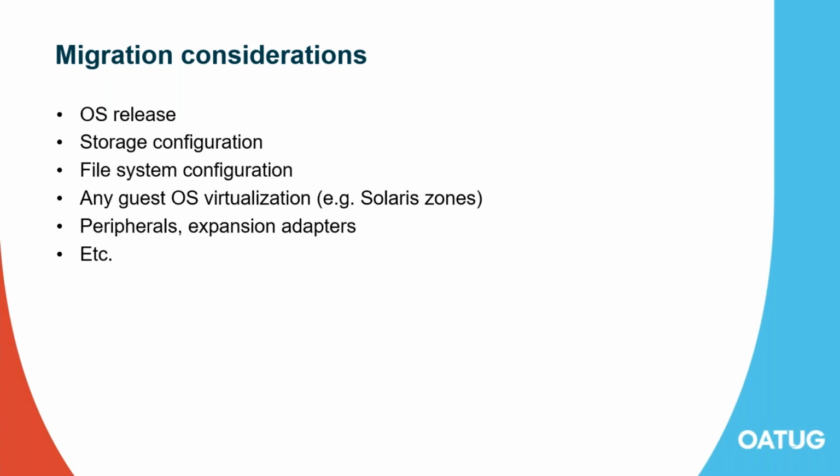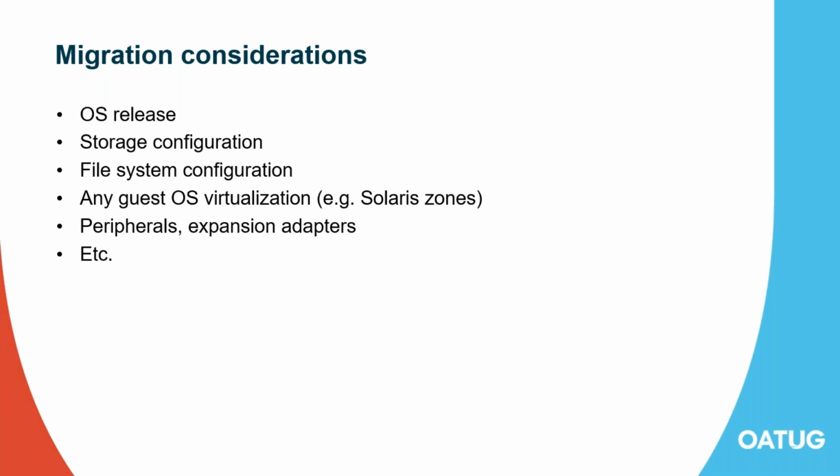So some of the things we have to worry about certainly are the operating system release of your legacy architecture, your storage configuration, how that's set up in terms of numbers of disks, on how many SCSI channels or Fibre Channel adapters, those types of things.